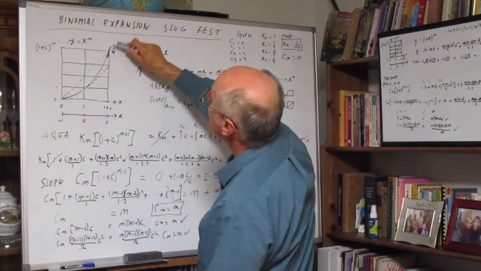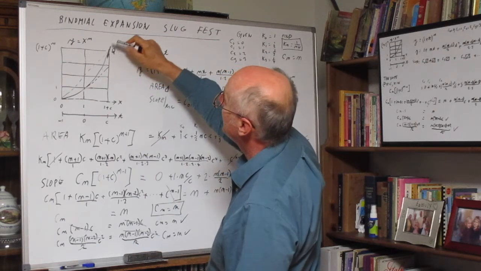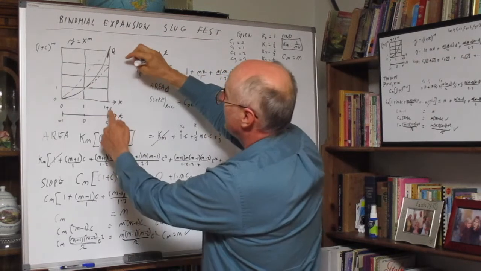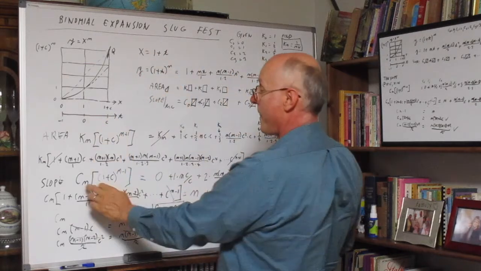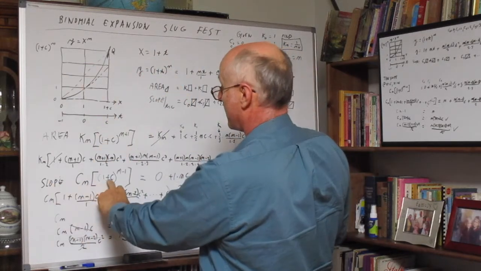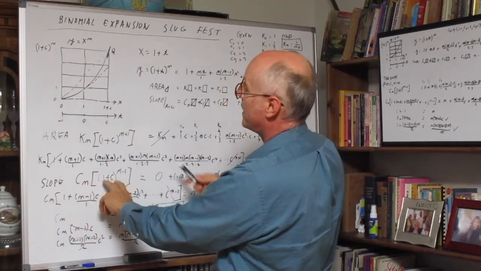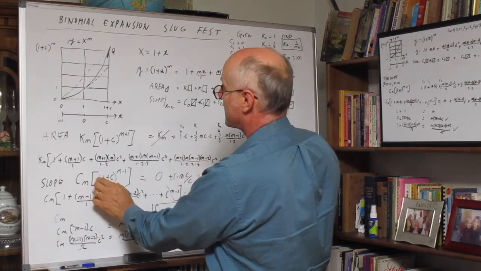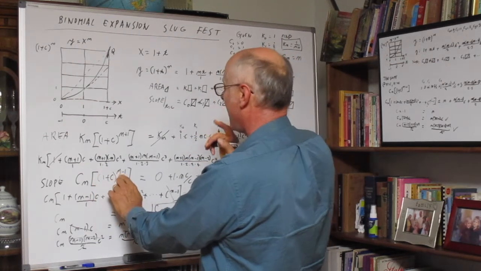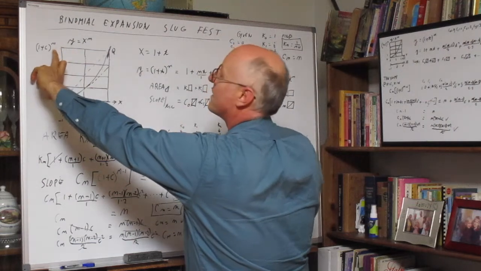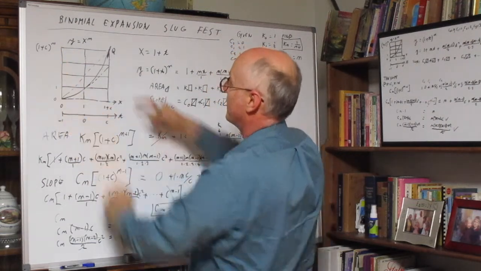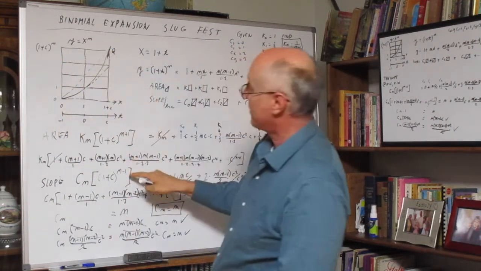Here the slope, the tangent slope at point 1 plus c from the x perspective, or t equals c, is c sub n times 1 plus c to the n minus 1, because we have rise divided by run, so it lowers by 1 degree.